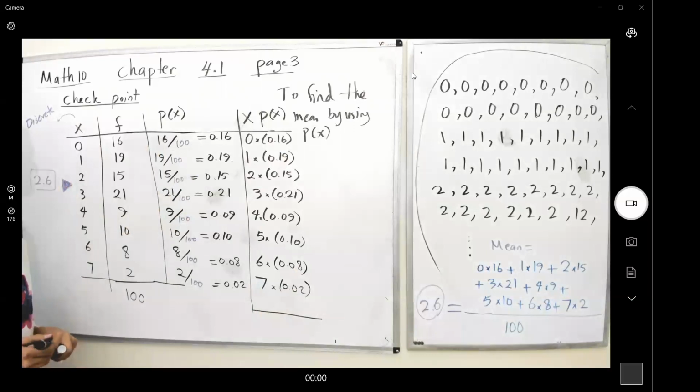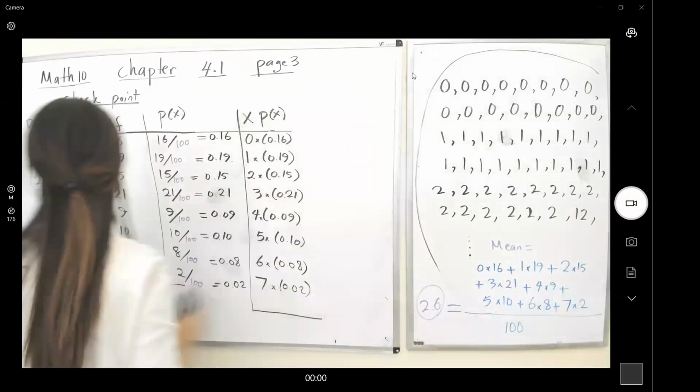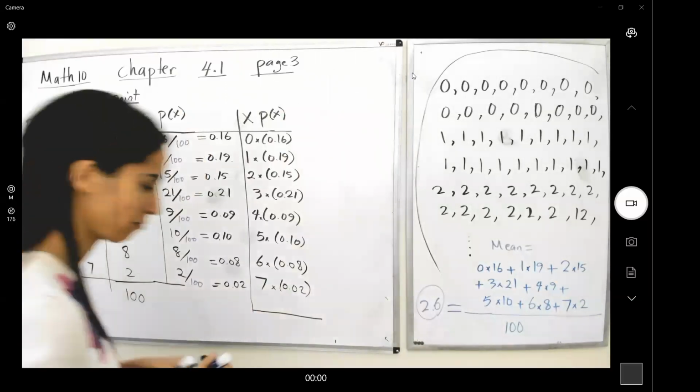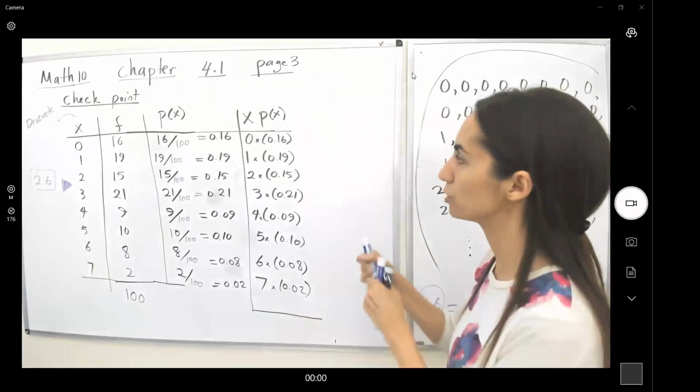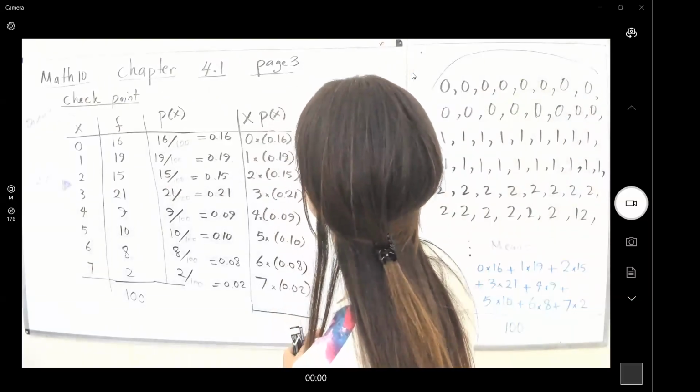What are these numbers, and what would be the sum? The first value is 0. The second value is 19%.